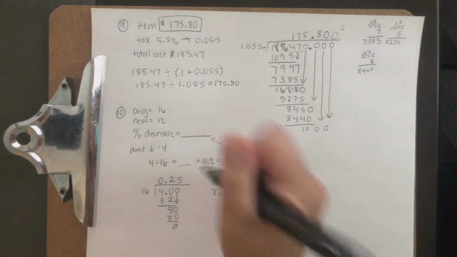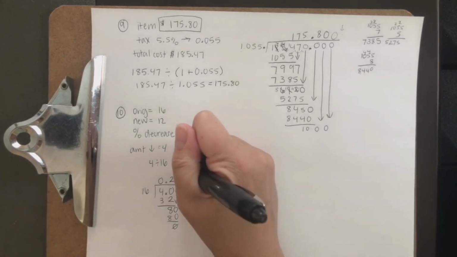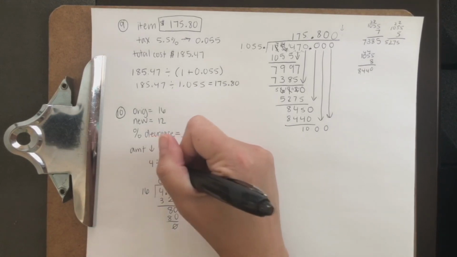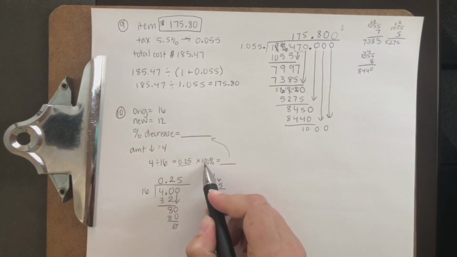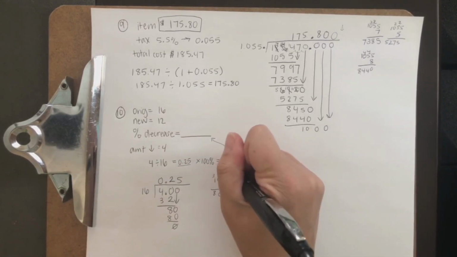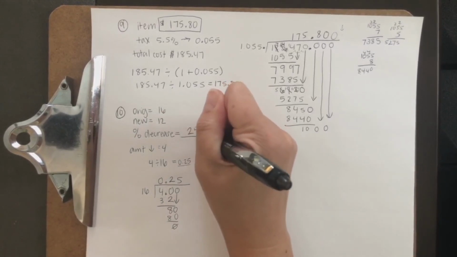So we have our first really nice number out of this whole homework. So 4 divided by 16 is 0.25, times 100% is 25%. So the percent decrease is 25%.